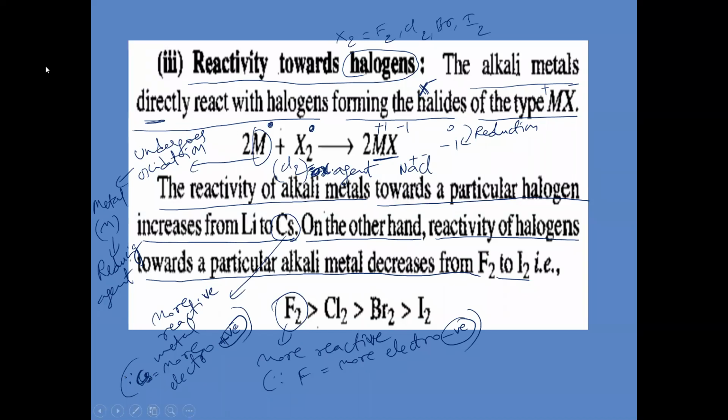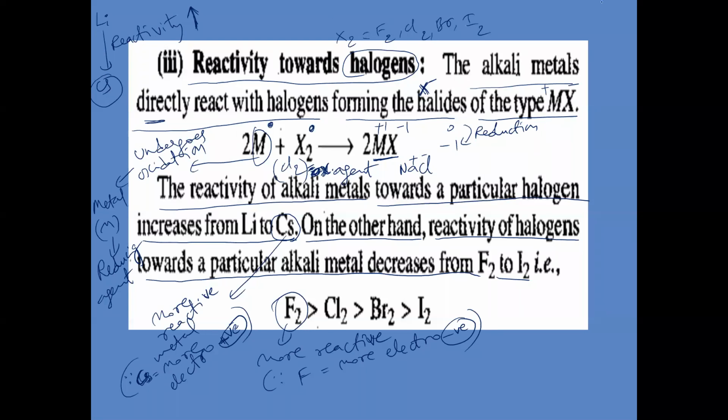From lithium to cesium, from top to bottom in the first group, reactivity increases. That means cesium is more reactive. The reactivity will increase because the electropositive character increases, the metallic nature increases. That's why the more metallic cesium is more reactive.